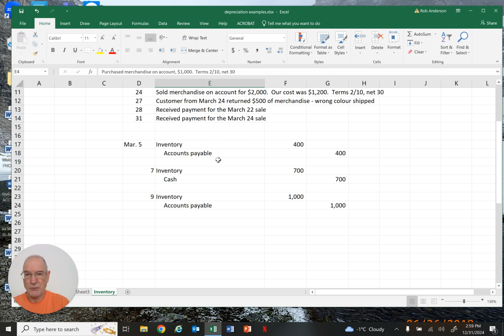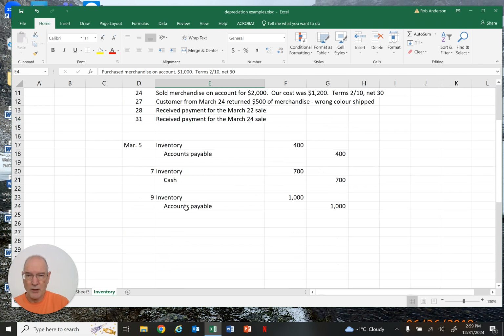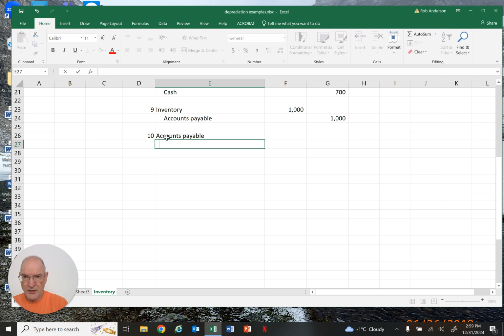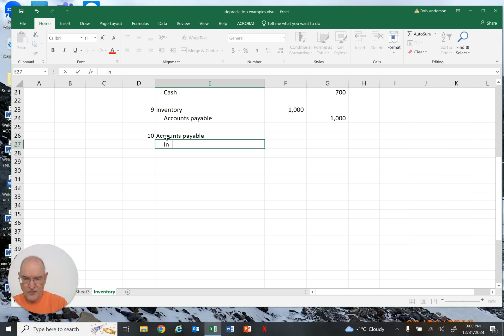So basically that just means you don't owe that money anymore. So on March 10, we have the opposite thing happening. We're going to debit accounts payable, and because we don't have those items anymore, we're going to credit inventory. And it's at $200.